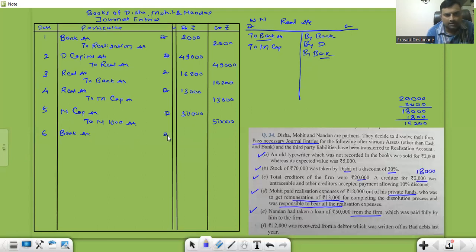Bank account debit to realization, 12,000. That's it. This is a direct journal entry, right? I hope you all understood. Direct journal entries.